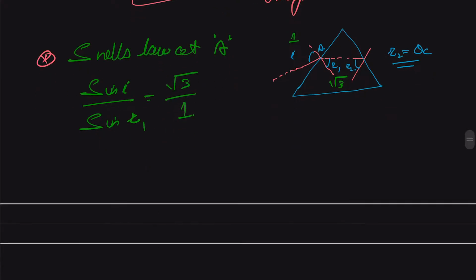Therefore, we can write that sine of I is equal to square root of 3 times sine of R1.